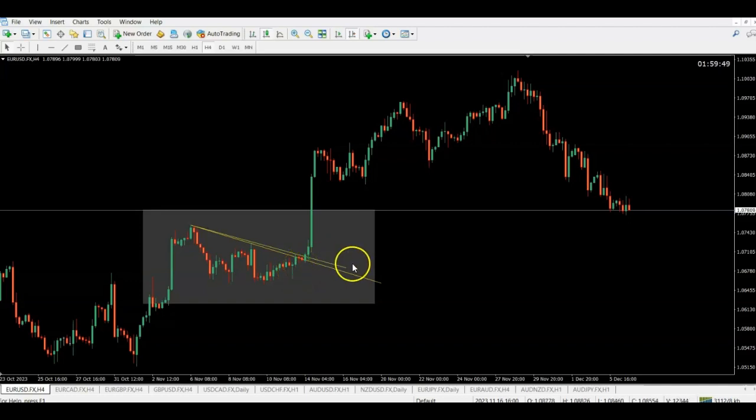Well, if this is my trend line and I move my secondary trend line based off true price alone, this is your first, second, this is your third.